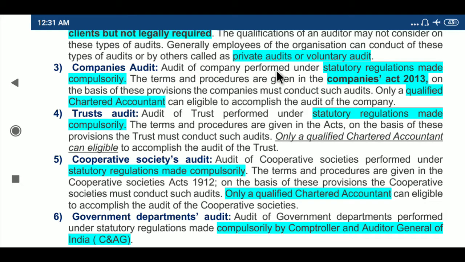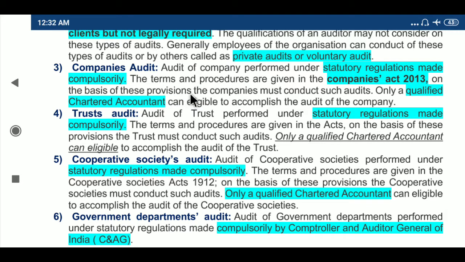Next, third one, companies audit. Audit of a company is performed under statutory obligations and made compulsory, because a company is established under the Act. The terms and procedures are given in the Companies Act 2013.